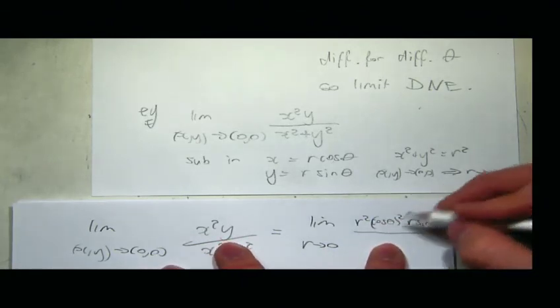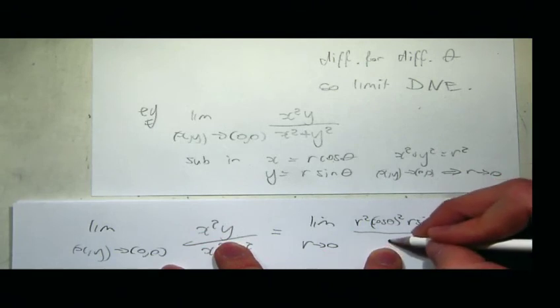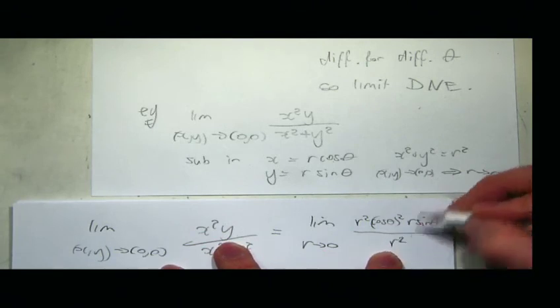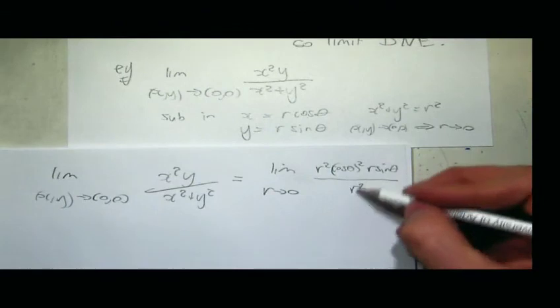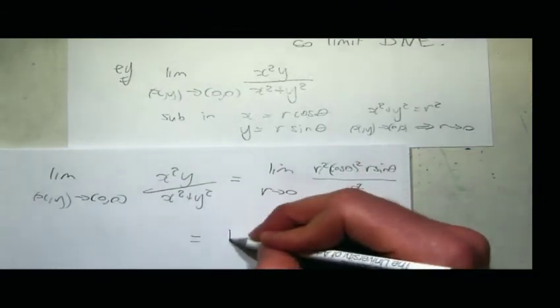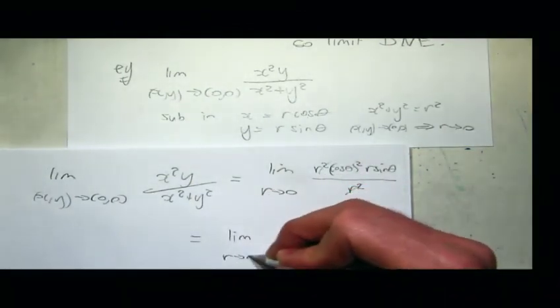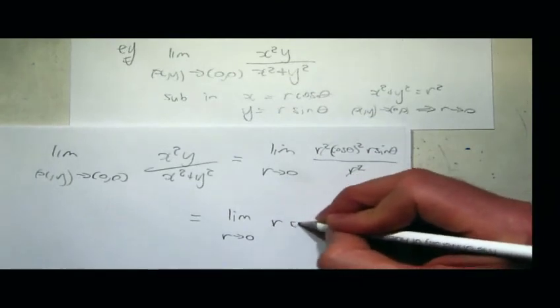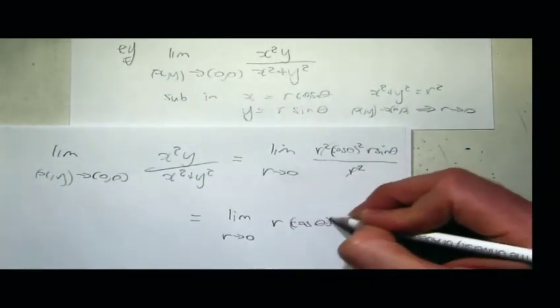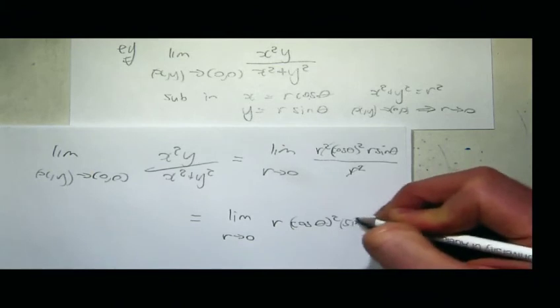The x squared plus y squared on the bottom becomes r squared. That cancels with that, and I still have an r. Which is great, because as r goes to 0, anything times r goes to 0.